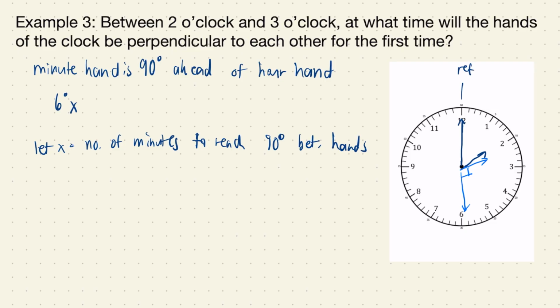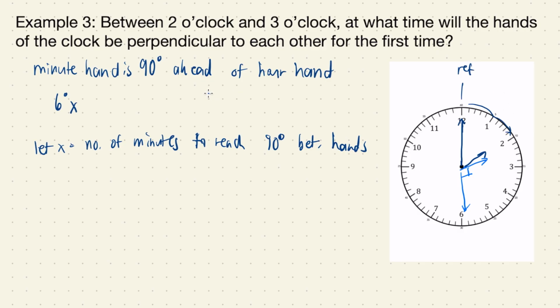Okay? So 6 degrees x for the minute hand, and then for the hour hand, it will just move a little in between 2 and 3 because it's between 2 and 3 o'clock. Ibig sabihin, from the reference, nakapag-start na siya ng 30, 60. So may head start siya na or partida na 60.